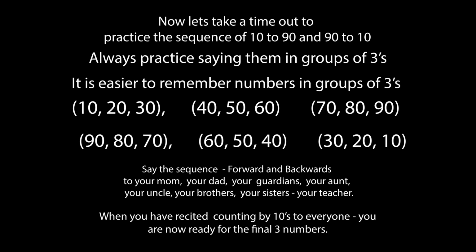Say the sequence both forward and backwards to your mom, your dad, your guardians, your aunt, your uncle, your brothers, your sisters, your teacher. When you have recited counting by tens to everyone, you are now ready for the final 3 numbers.